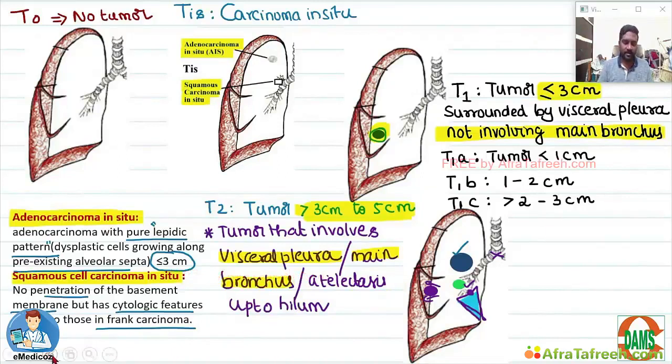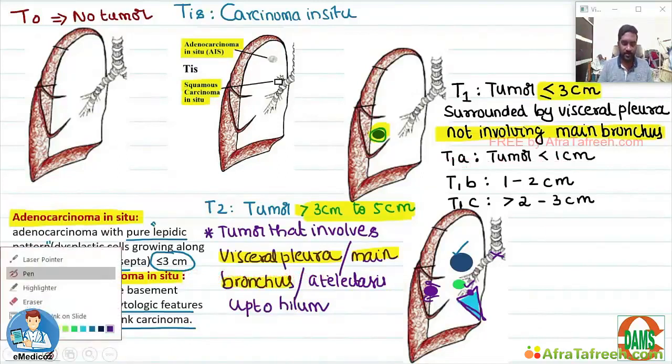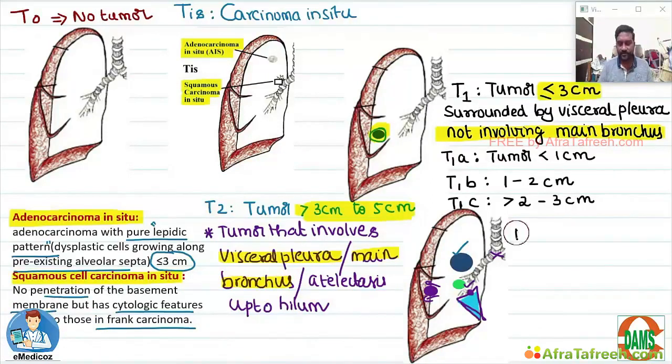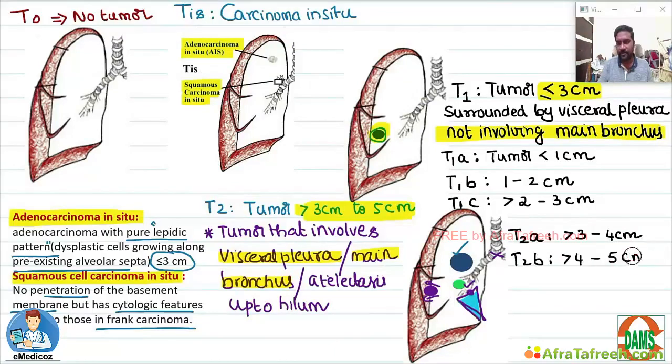And again in T2, depending on the size, there is further classification. We have T2A, the size more than 3 centimeter up to 4 centimeter. T2B, more than 4 centimeter up to 5 centimeter.